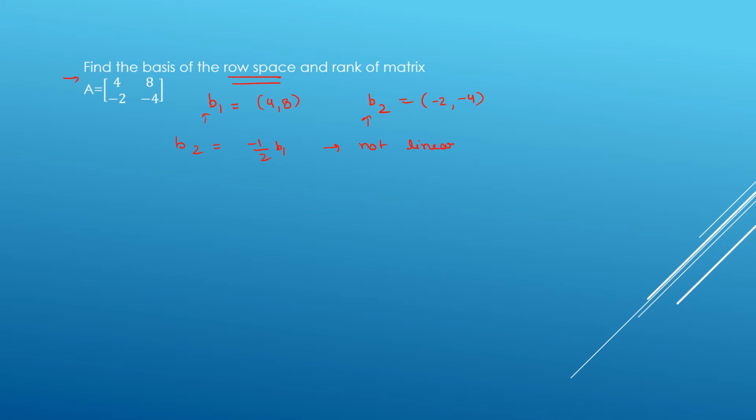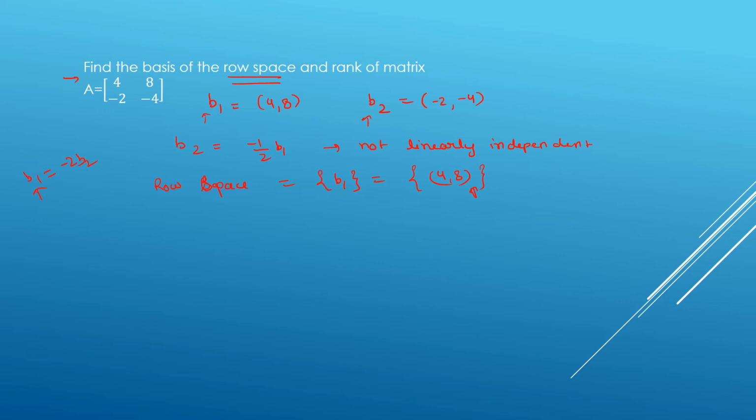So again, the basis, if we have to find the row space, will be only 1, the simplest form, B1, correct? So if you represent B1 as minus 2B2, then you will write B2 here. Okay.